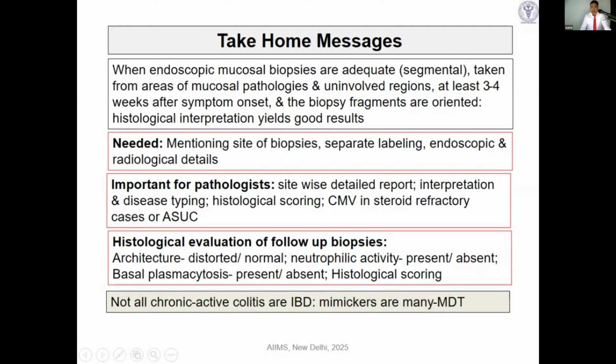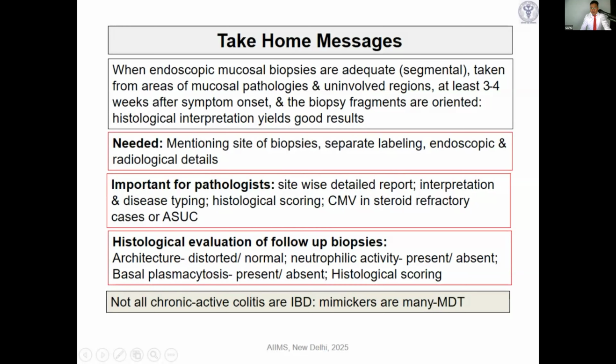What is needed? Mentioning the site of biopsies, separate labeling, and endoscopic and radiological details must be there. Important for pathologists, as we have already discussed, we have to score, we have to do the CMV staining, we have to see if there are any other infections or not, and then follow that particular approach and interpret. For histological evaluation of follow-up biopsies, everything will be the same, but always remember to mention whether basal plasmacytosis is present or not.